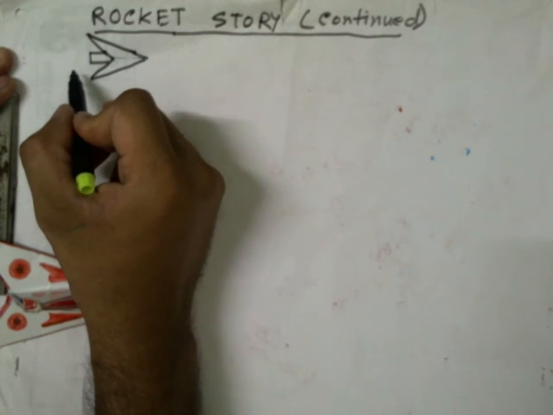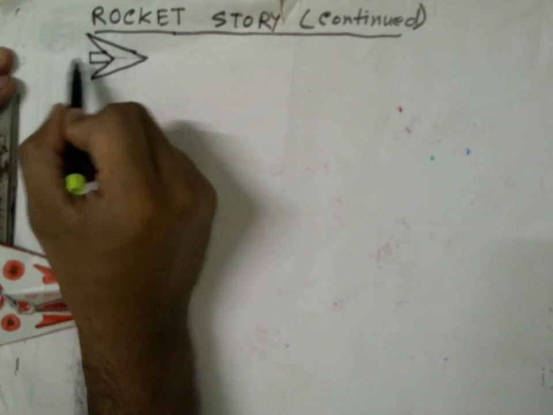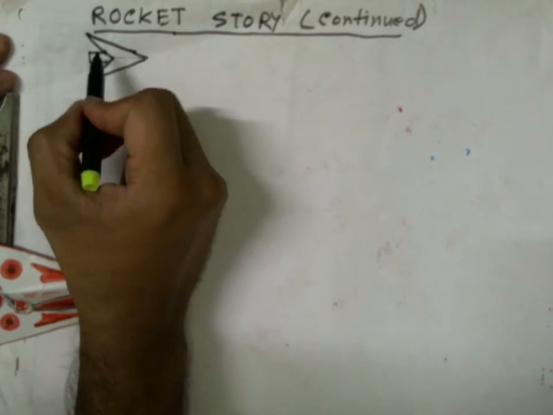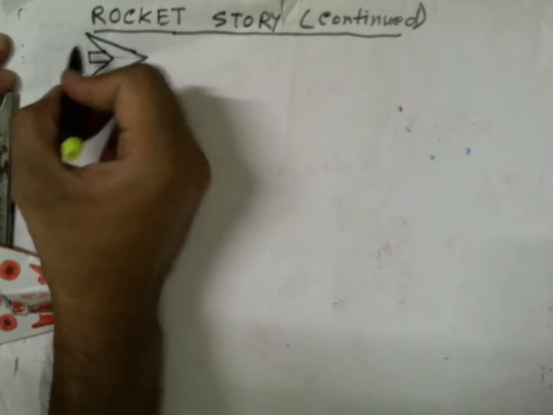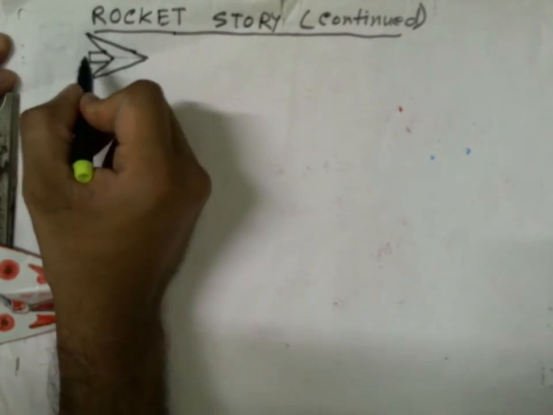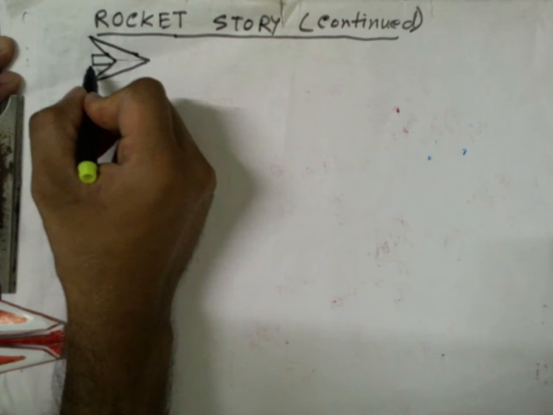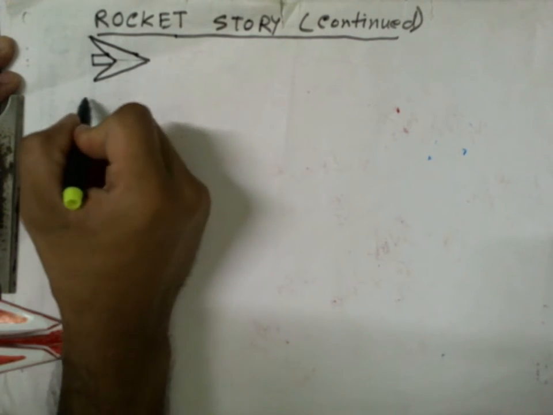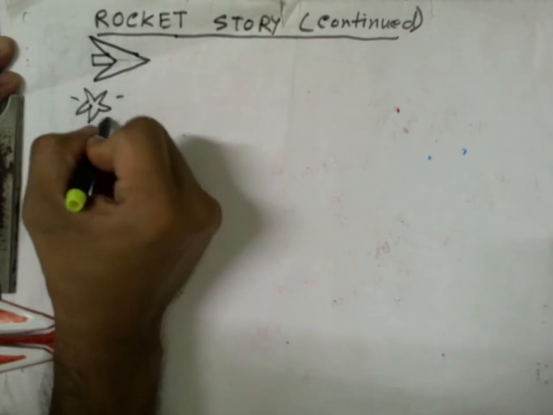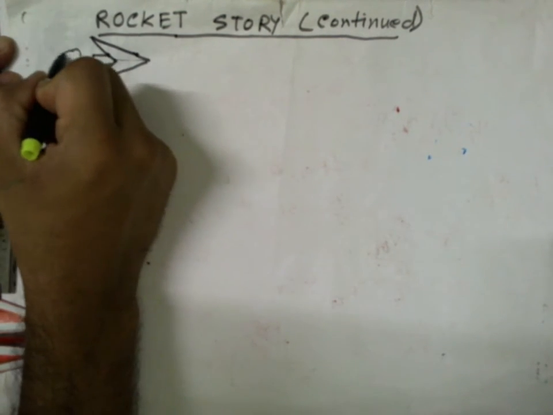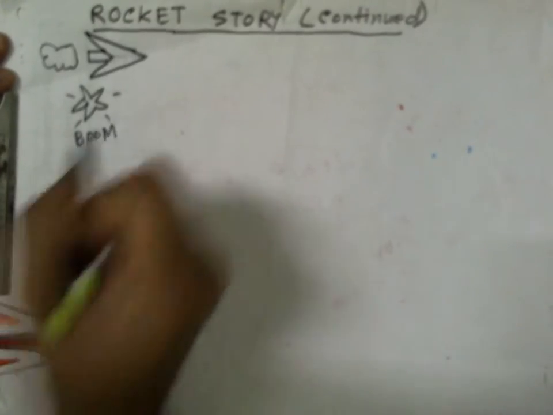Due to Newton's third law of motion, the total momentum of the system must be conserved. Therefore, the rocket attains a forward momentum which is equal to the backward momentum. So if this rocket is ignited, gas comes out at once.